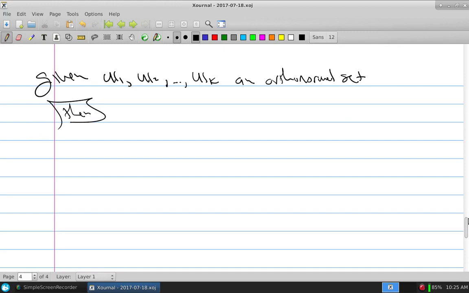If they're orthogonal, that means they're linearly independent. If they're linearly independent, that allows us to talk about basis. That says that these are a basis for the span of them.